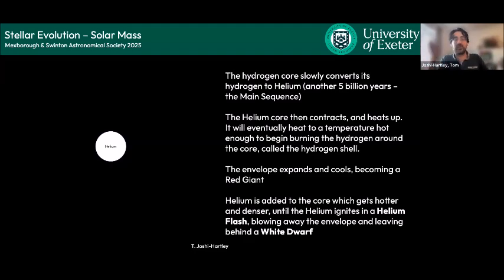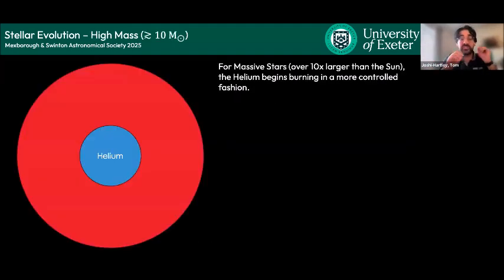That's for solar-like stars. But what if we start with a star that's much more massive? So we start in the same place. All of our hydrogen is turned to helium in the core of our star. Luckily, because we're so massive, we've gotten hot enough that our helium can burn.